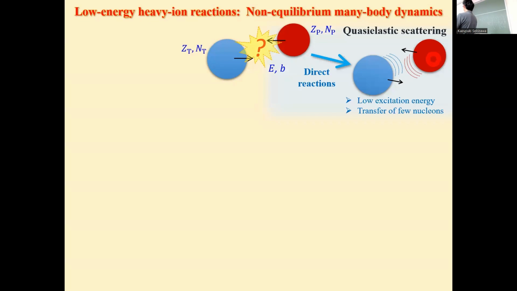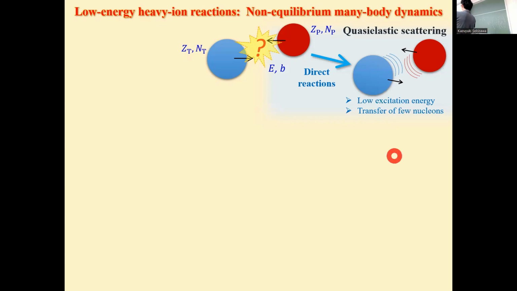In such a case, two nuclei do not collide deeply, but they can exchange some nucleons because nucleons are quantum mechanical particles. The single particle wave functions can transfer from one nucleus to the other. In this case, the excitation energy is quite small. That's why we call it quasi-elastic scattering. And it can induce some few-nucleon transfer.